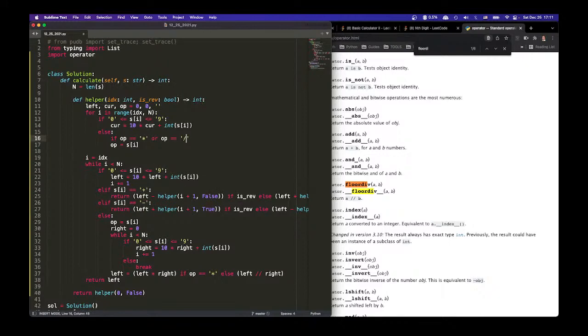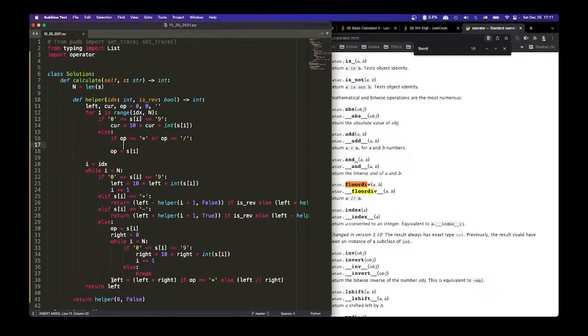So if we have an OP already, we have an OP already, that means we have a left already. Then we do this, right? Left equals left times, and this is not right. What I have is current.